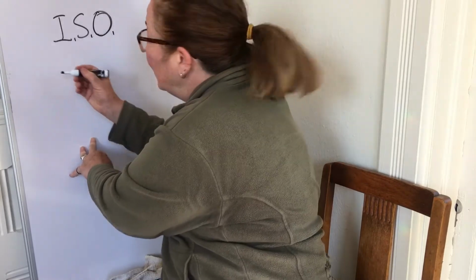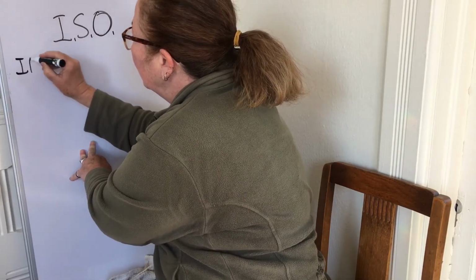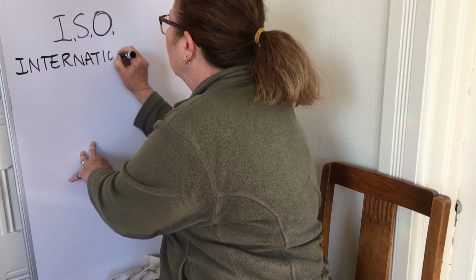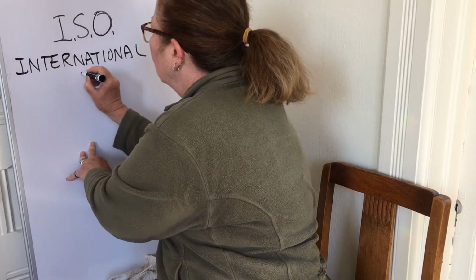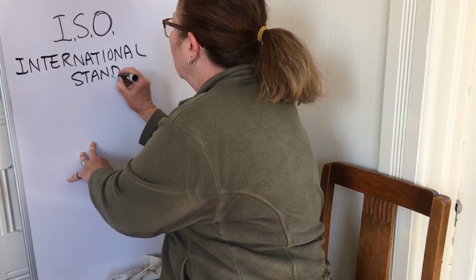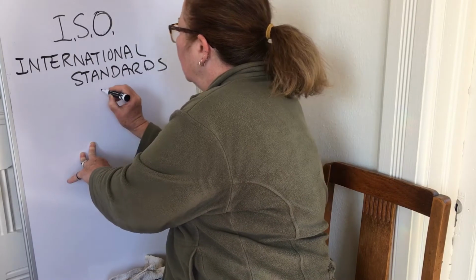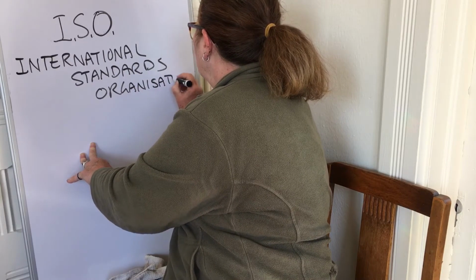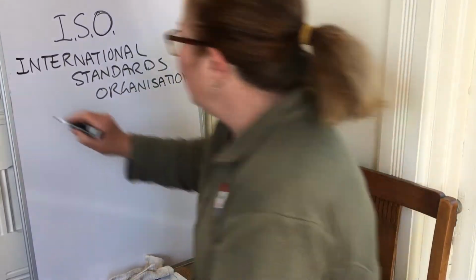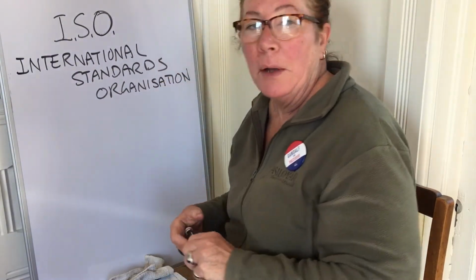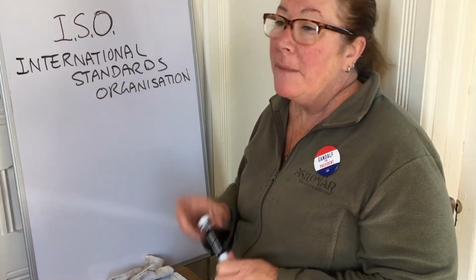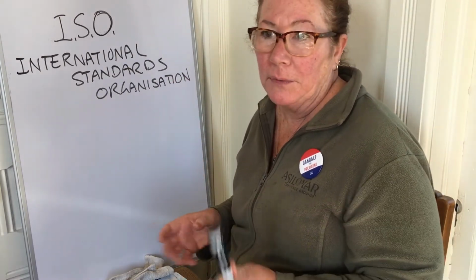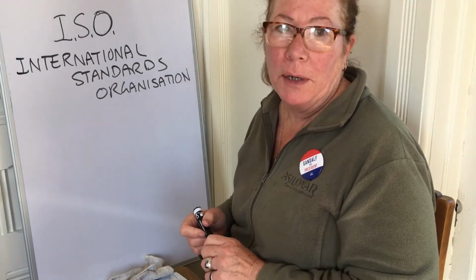The ISO stands for International Standards Organization. So no matter where you go in the world or what kind of camera you get, ISO controls remain exactly the same. They're always going to be those same numbers. There's no difference wherever you go or whatever kind of camera you have.